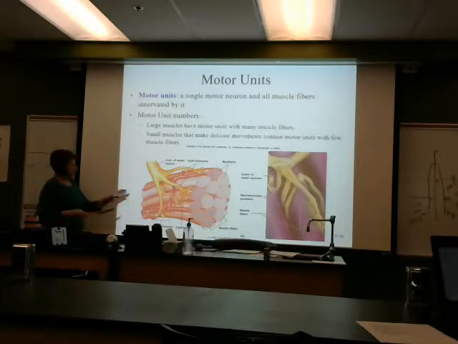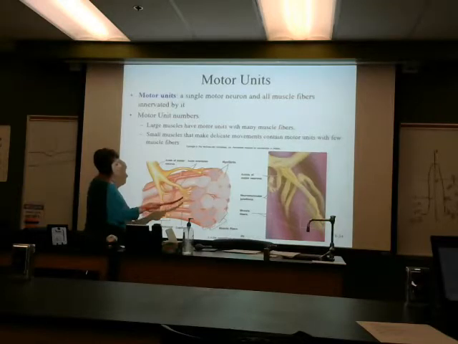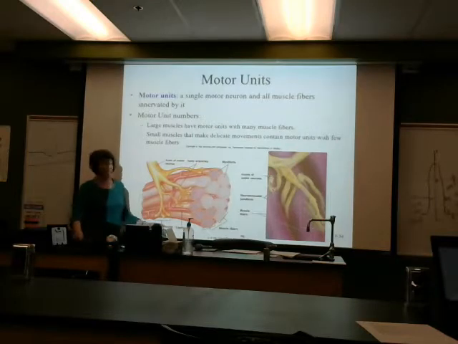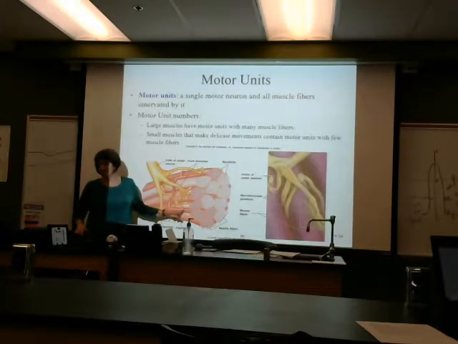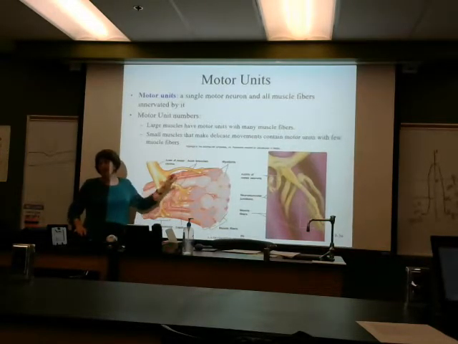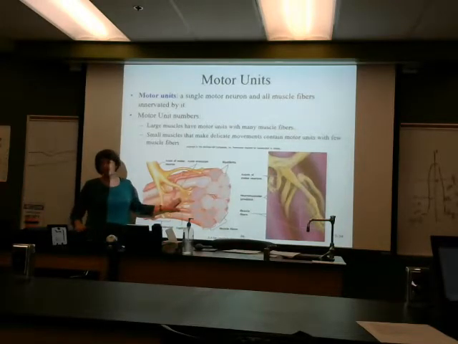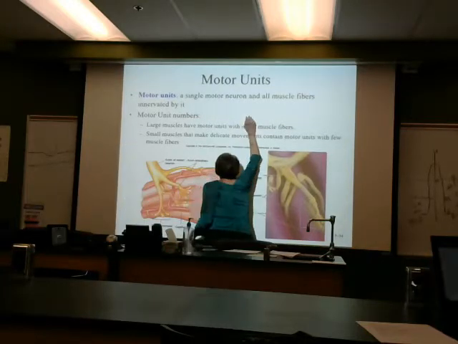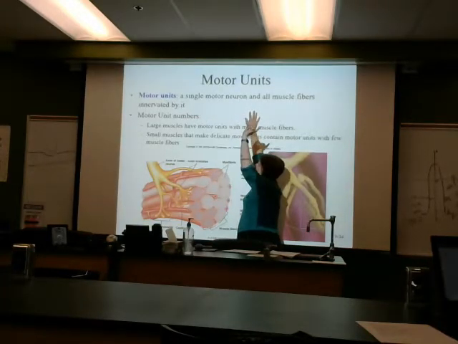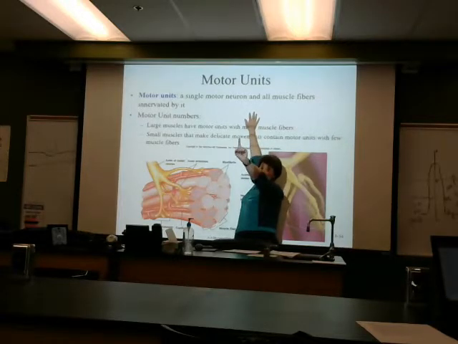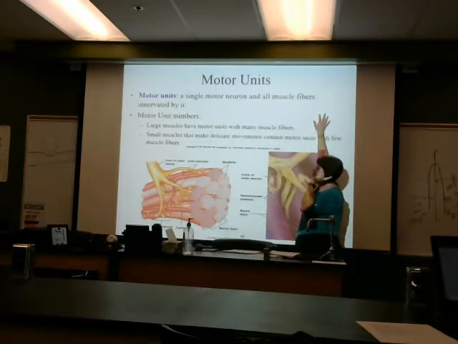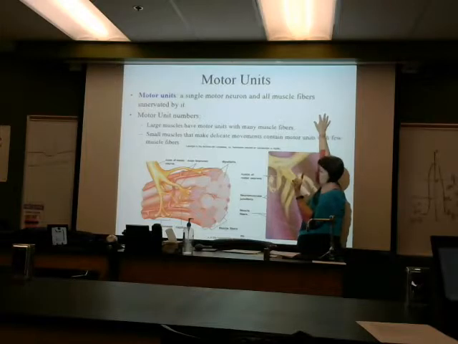So, these motor units, one of the things that I've tried to point out is that every single fiber has a nerve to it. Okay? It enters at some point on that fiber. So, if we look at just one fiber with the one nerve, we're going to find that that's just innervating the one.